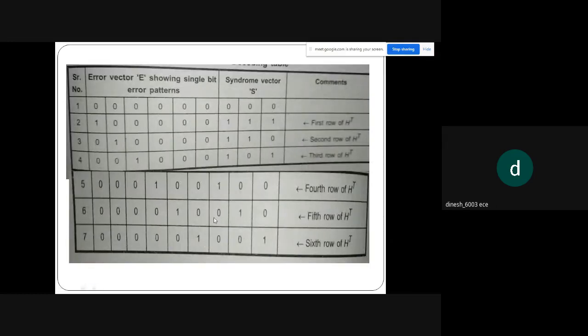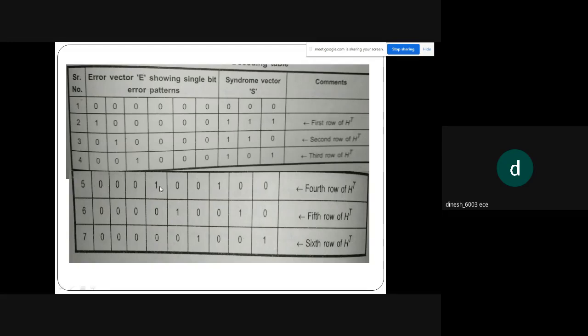So this is the decoding table. For example, in the error vector, if the error is in the first bit, you'll get 111. If it is in the second bit, you'll get 110 as the syndrome. If the third bit is in error, you'll get 101 of H transpose.